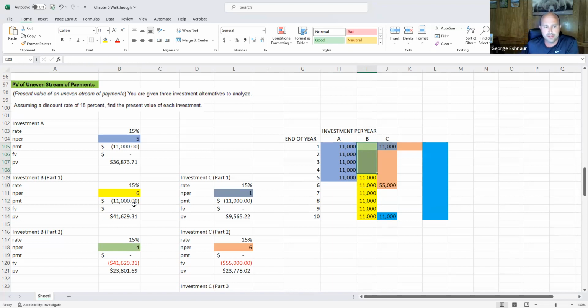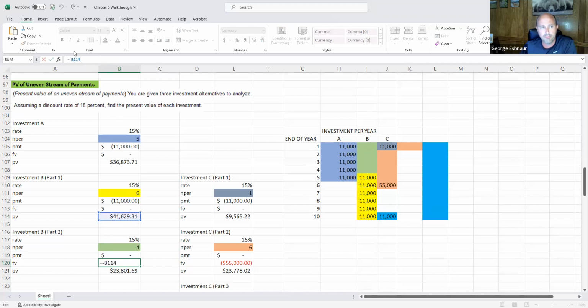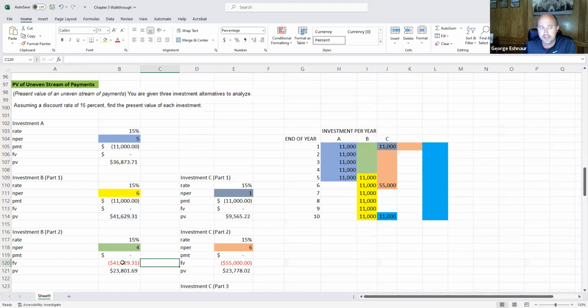But what's unique about this one is we're going to take the present value here and use it as our future value. Okay, so I did equals minus this number because remember the future value, we're going to pull it out. So it's going to be a negative in that sense. And that's just the way this works on the backside.